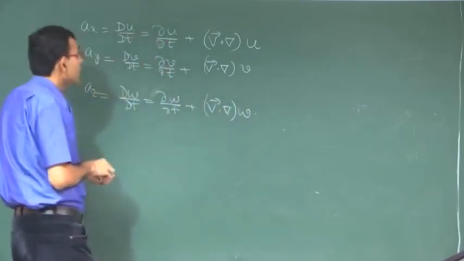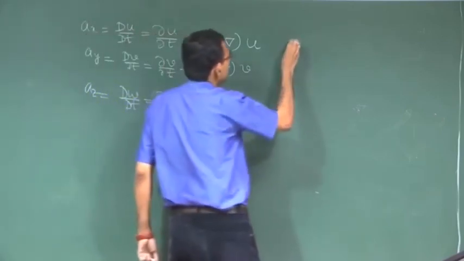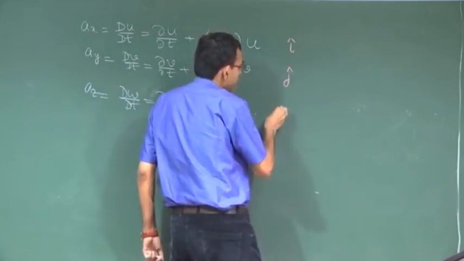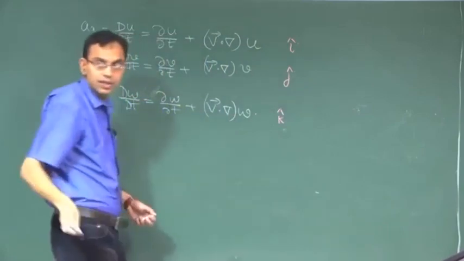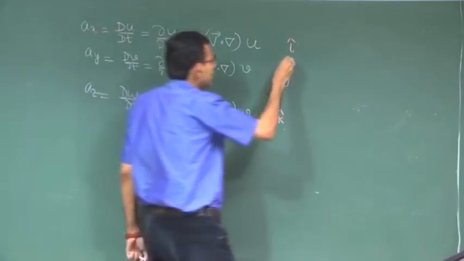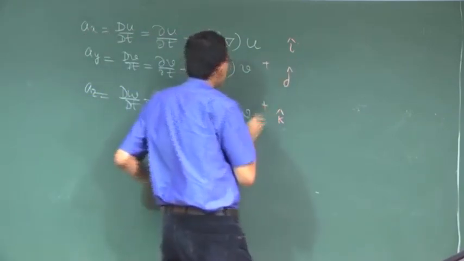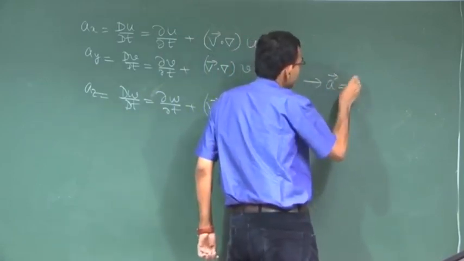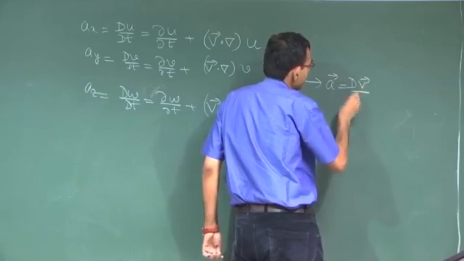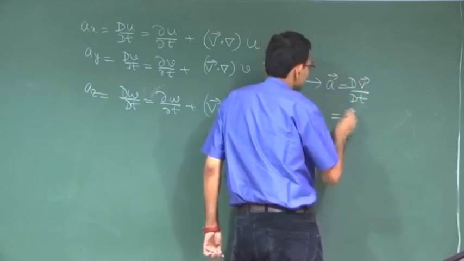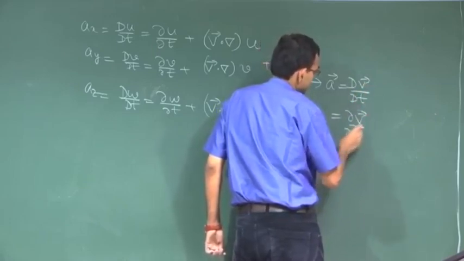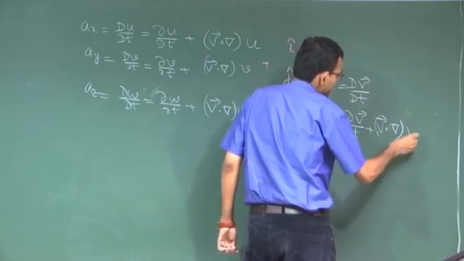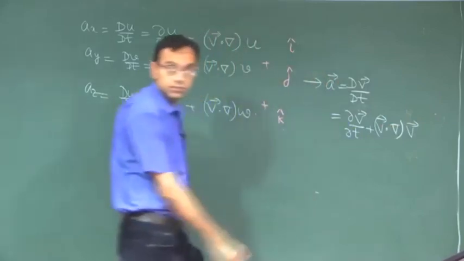Now if you multiply this with i cap, this with j cap and this with k cap, the unit vectors, and just add, you will get the acceleration vector as DV Dt.